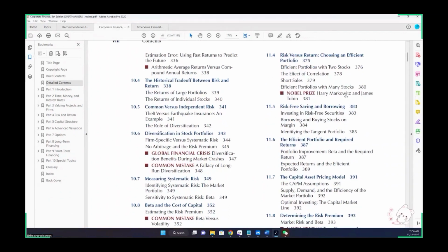The reason why we care about systematic risks and firm specific risks is that we can try to diversify the risks by forming some risk portfolios. Risk portfolios means that you have a bag or basket. You can put different kinds of stocks or instruments into that basket.